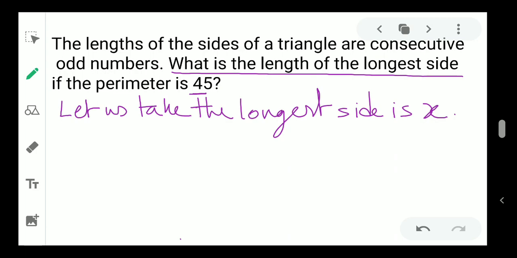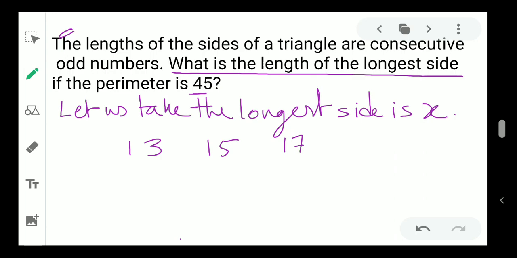See, there is a condition, that is the lengths of the sides of the triangle are consecutive odd numbers. Now we know that if the longest side is this, see how we write the consecutive numbers: 13, 15, 17, right? You can see one thing clearly, there are two differences, right? 13 plus 2, 15, 15 plus 2, 17.